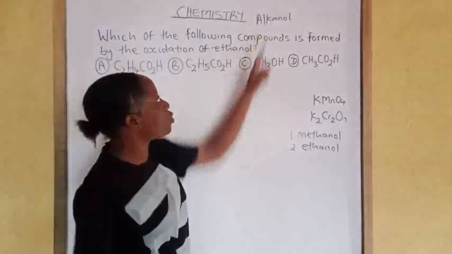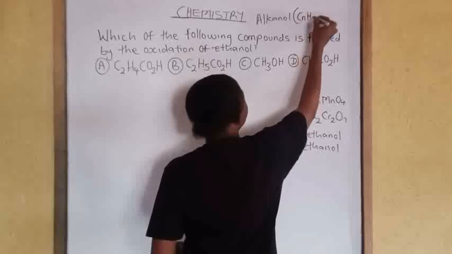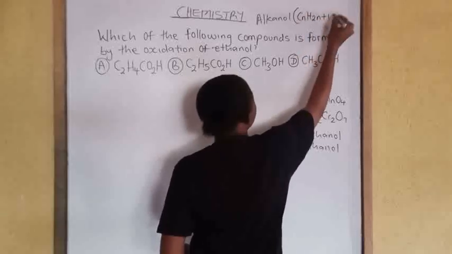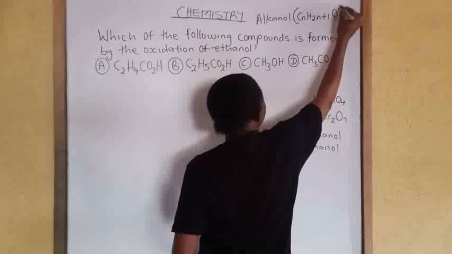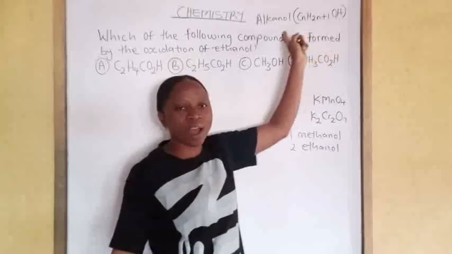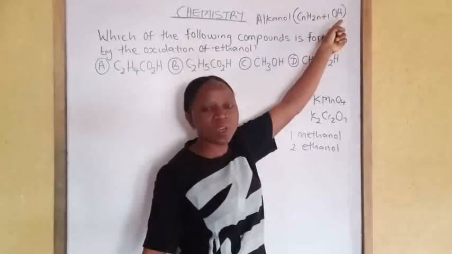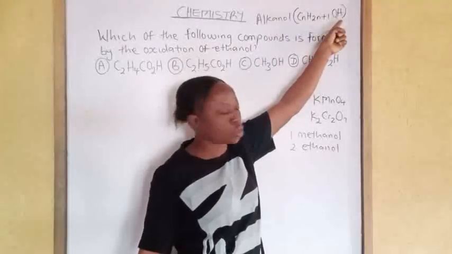Then the general formula for alkanol is CnH2n+1OH, whereby this OH is the functional group of alkanol. So we recognize members of alkanol due to the presence of OH in their structure.